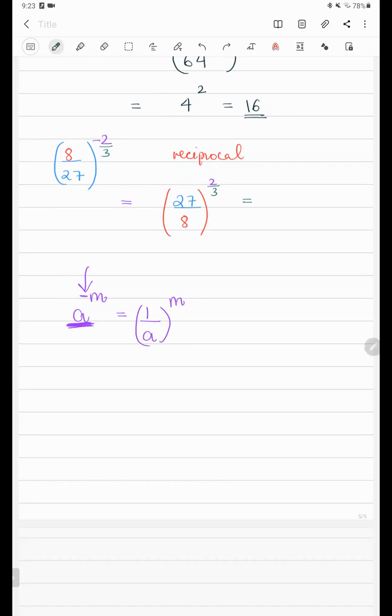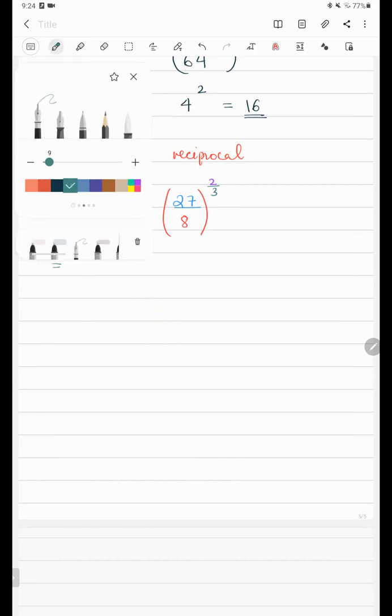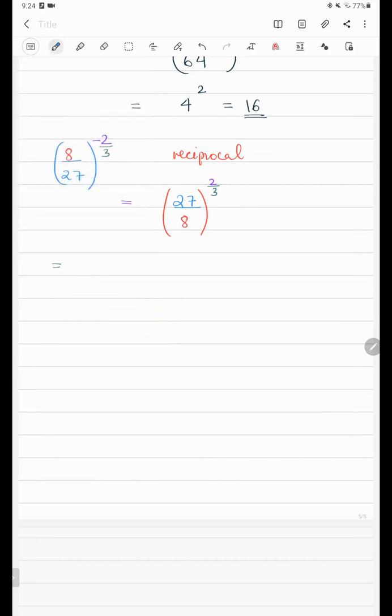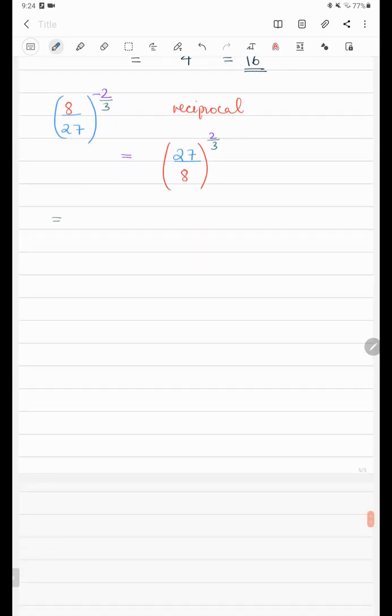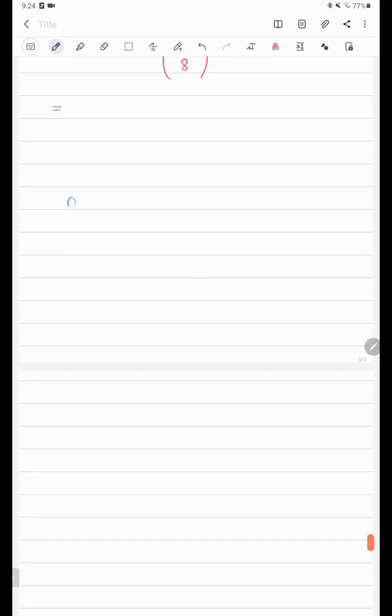Yes? Ma'am, the cube root of 27 is 3. Okay. So the next step that we can take is, we know that if I have a by b whole to the power m, then what will this be?